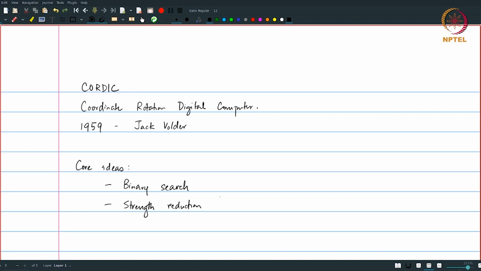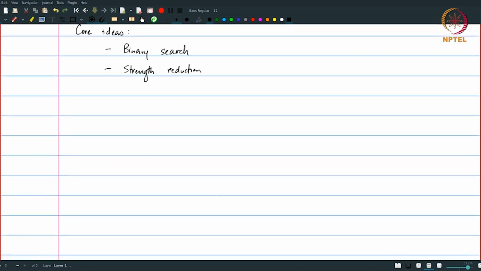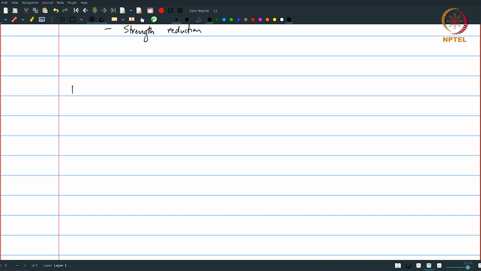In particular, can we replace multiplication by means of a simple bit shifting operation, which makes it friendly for hardware implementation. Now, let's explain the first idea using an example. What do I mean by binary search?